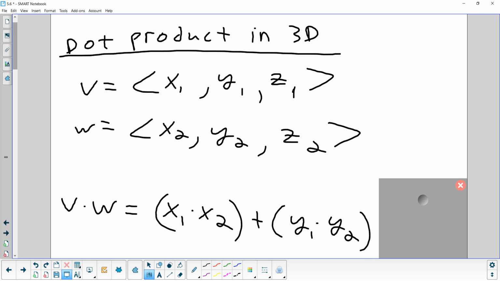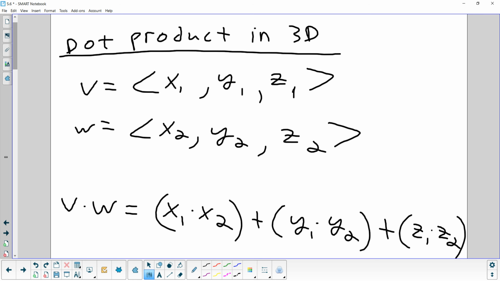Plus, then a parenthesis, Z1 times Z2. Right, so this is the extra part for 3D. So now you multiply the X's, multiply the Y's, and then multiply the Z's, and add them all up.